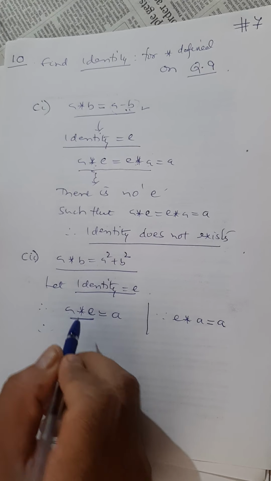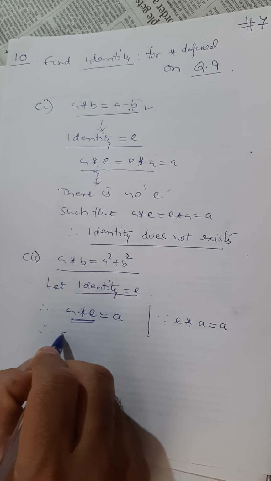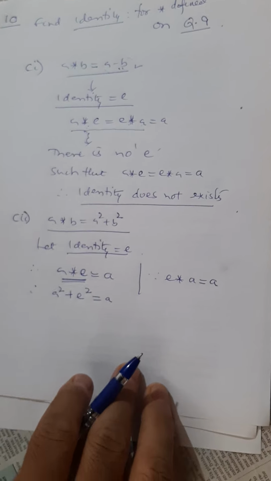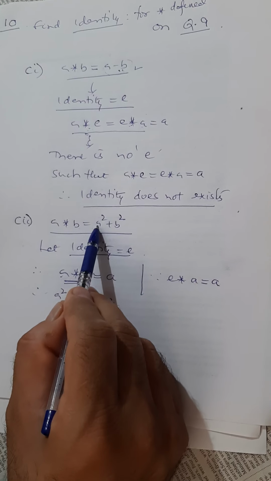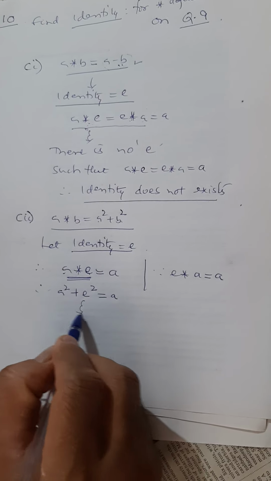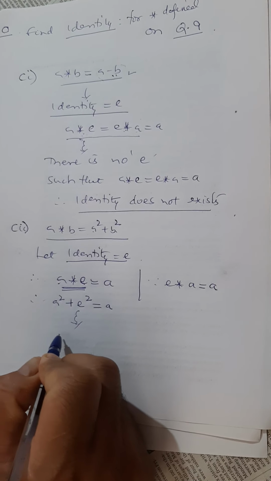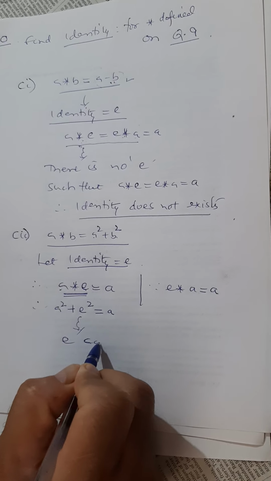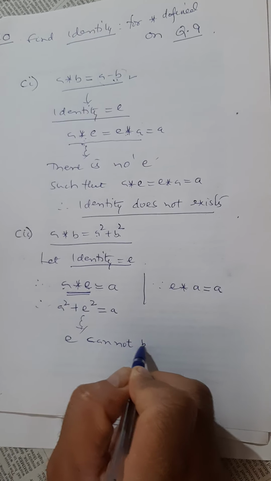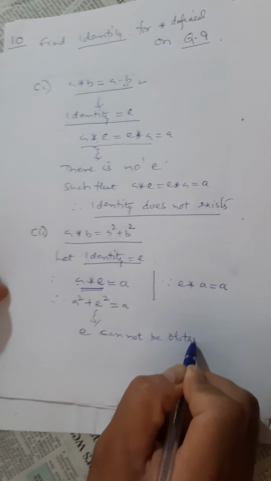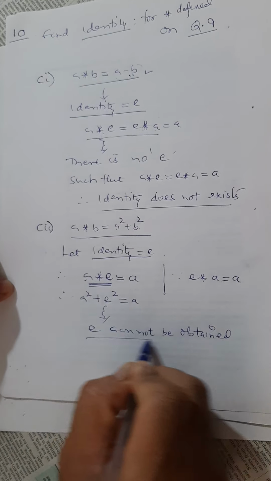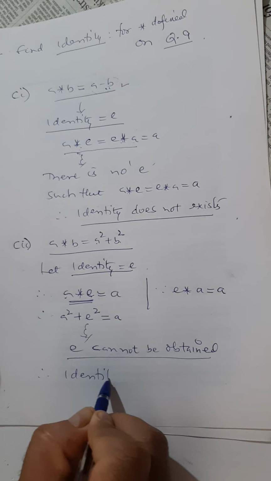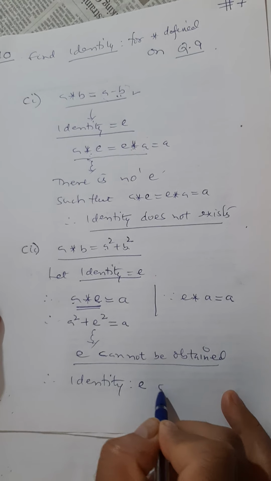Now what is a star e? That is a square plus e square, equals a. Now from this you cannot get e. e cannot be obtained. So again, in this case, identity e doesn't exist.